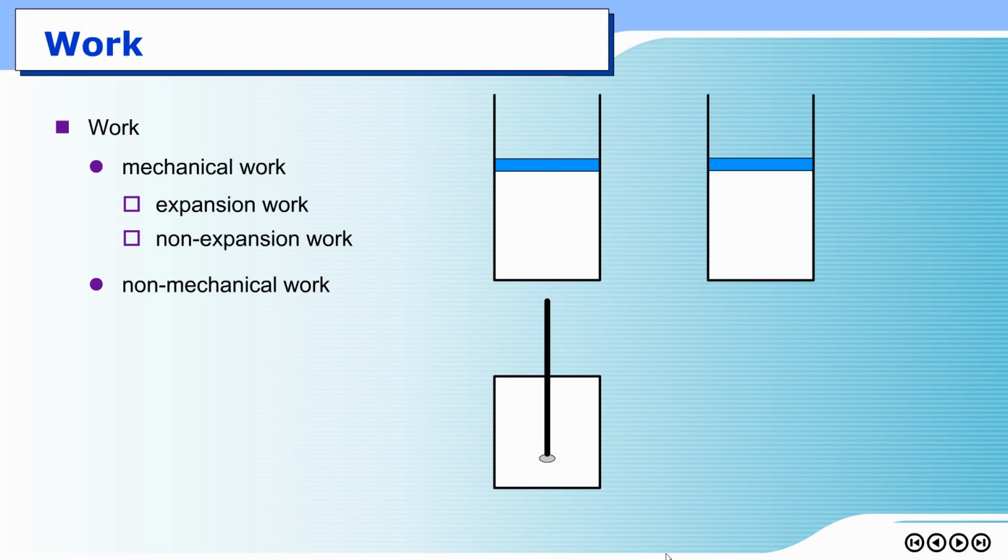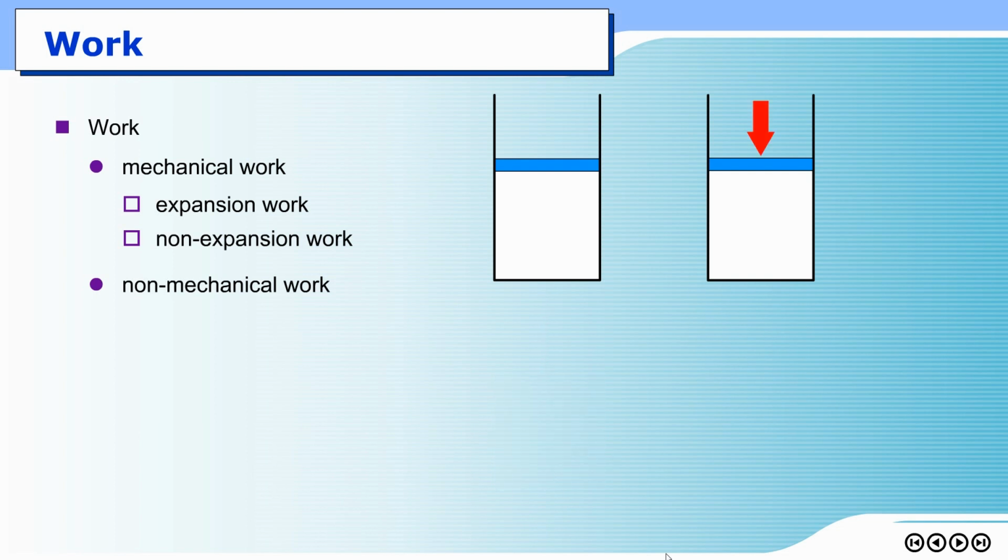You stir whatever is inside. In order to stir it, you need to give up some energy to the shaft, and such rotation gives the system some energy through what we call work. This work in particular is called non-expansion work.